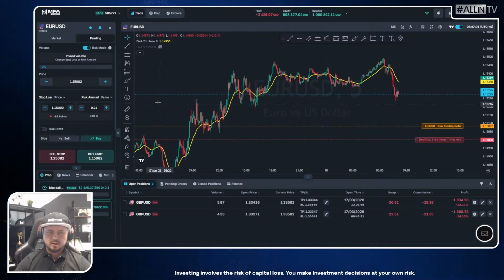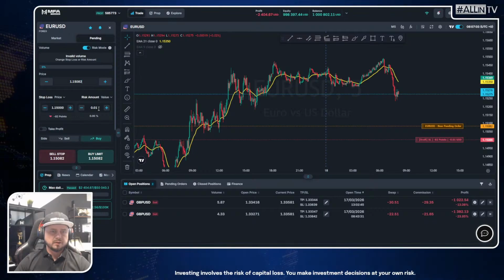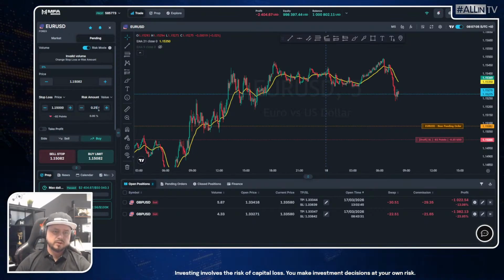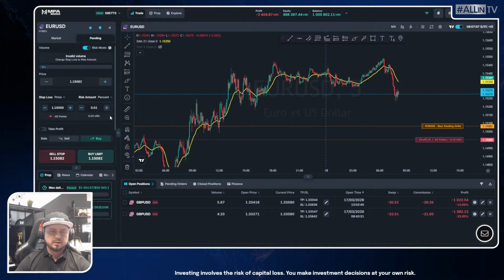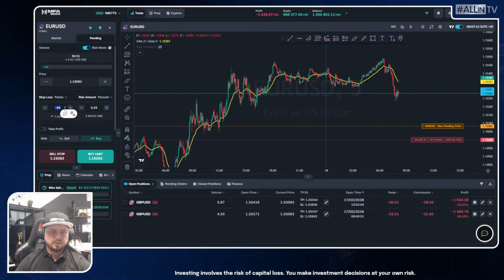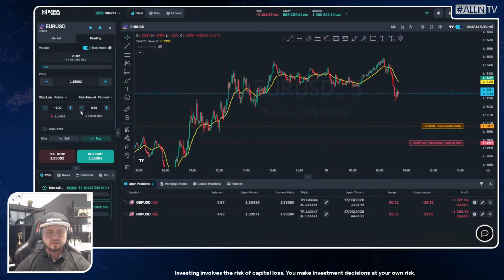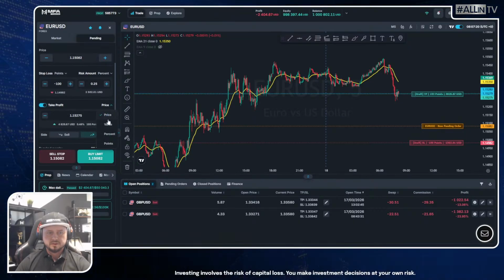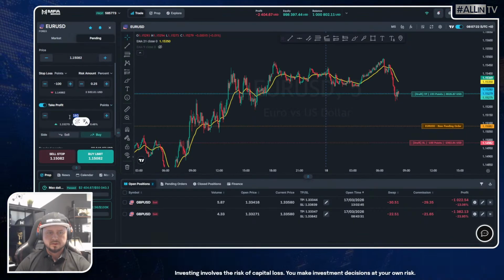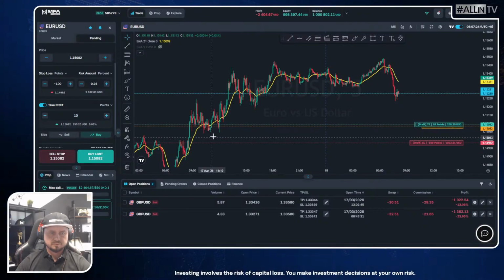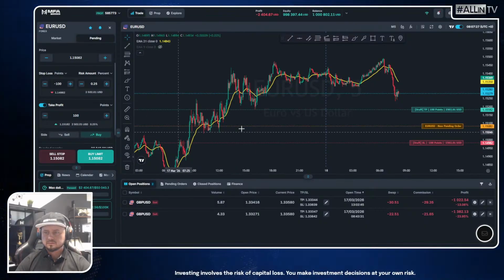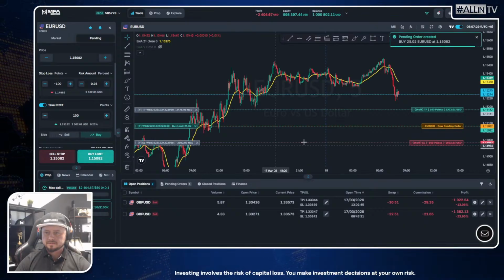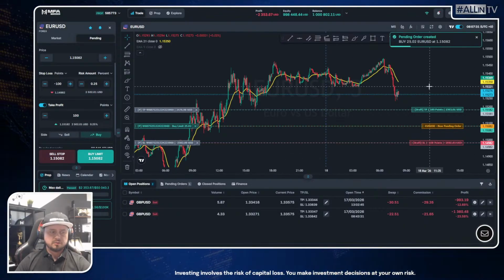That's the level we are looking at. I want to risk 0.25. 10 pips stop loss and 10 pips take profit. Okay, the order is set for reaction.